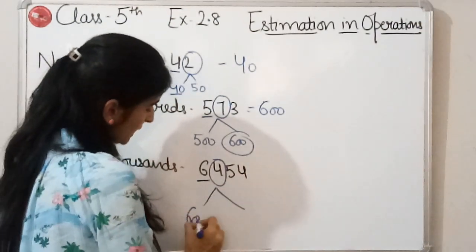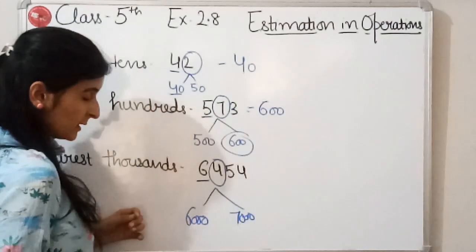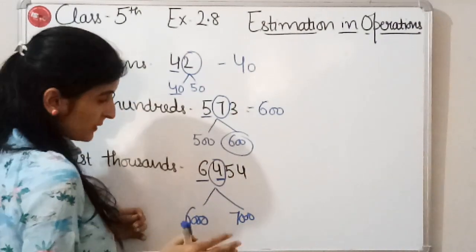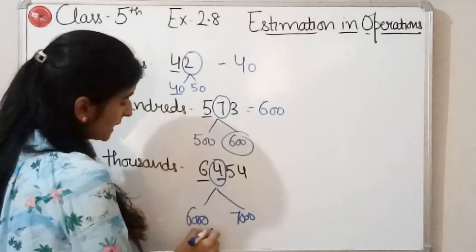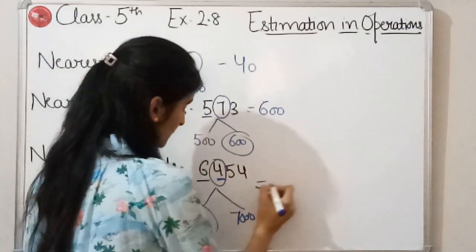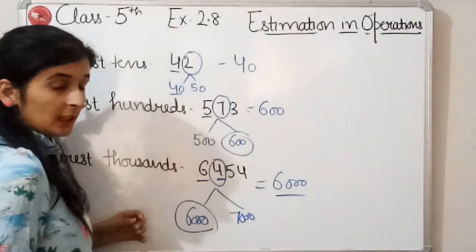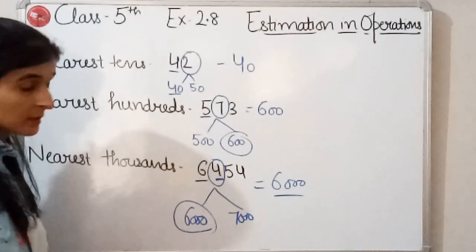It lies in between 6,000 and 7,000. Then we have to compare this 4 with 5. This 4 is less than 5. If it is less than 5, then it will be rounded down. That means 6,000. Clear? So that is how we have rounded off the numbers.